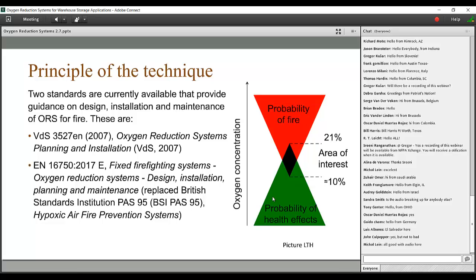And then, from about 2 years ago, there's an EN standard 16750, which is somehow replacing a previous British standard, ASPE 95, which is a design standard at EN level. I'm aware there's also an ISO standard in development, but these are the two major ones which are referred to.